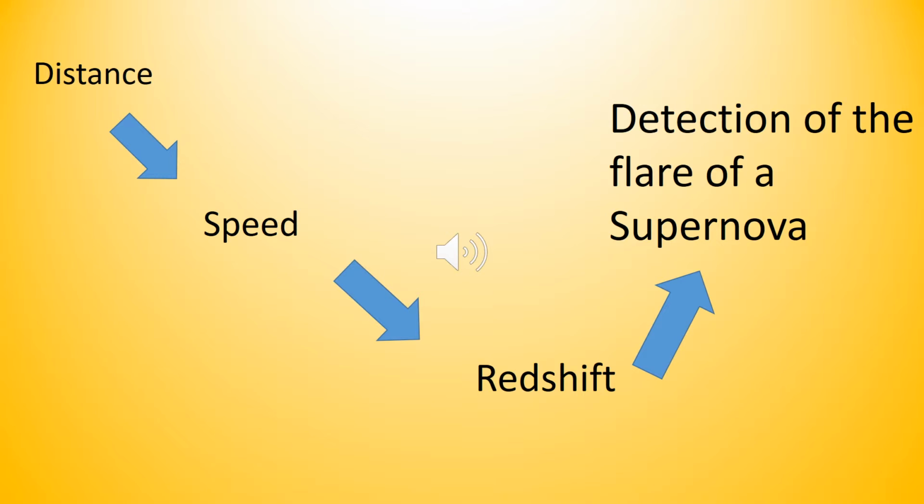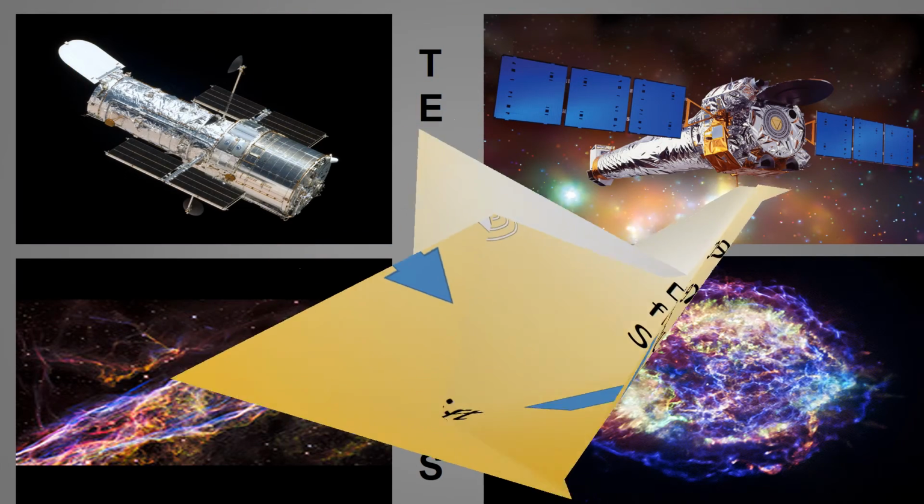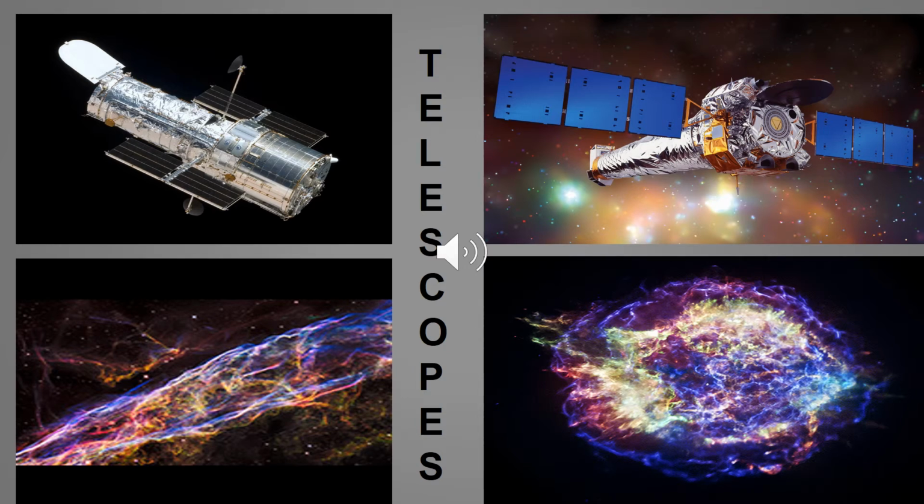Some astronomers use automated small telescopes to survey the sky on different nights and compare the images to detect the flare. Once supernovae are spotted with smaller telescopes, we can use even bigger telescopes to examine them. The Hubble Space Telescope and the Chandra X-ray Observatory have captured great photos of supernovae.